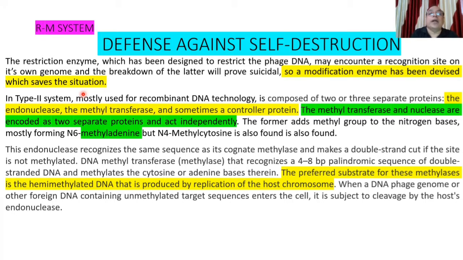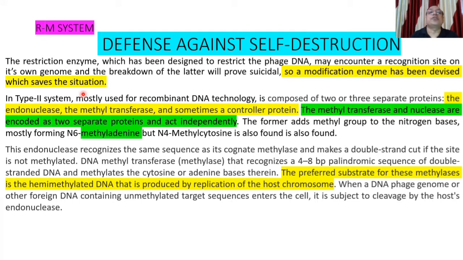But if similar sequences are found in the bacterial genome, what will happen? These enzymes will not be able to distinguish between the phage genome and the bacterial genome. They won't be able to distinguish between the self and the alien, and they will ultimately cause self-injury. So it would be suicidal, self-destructing.